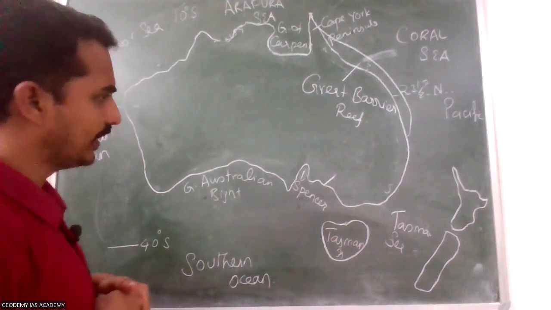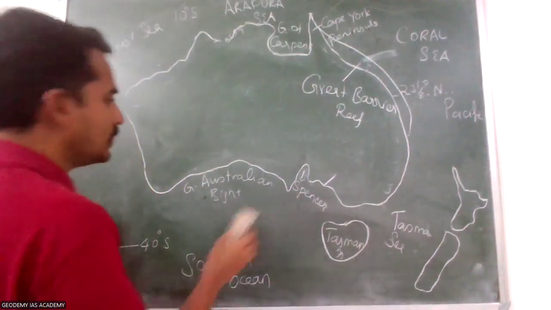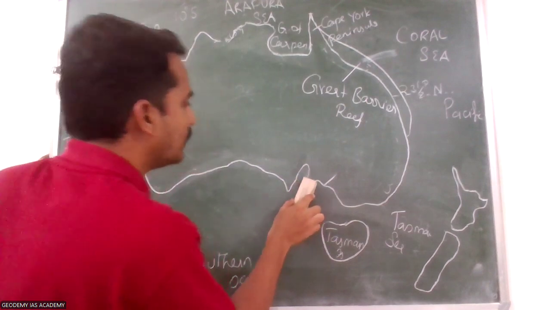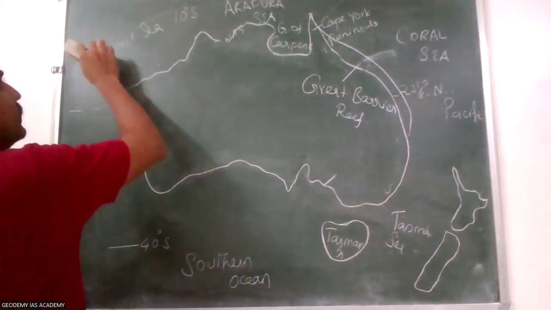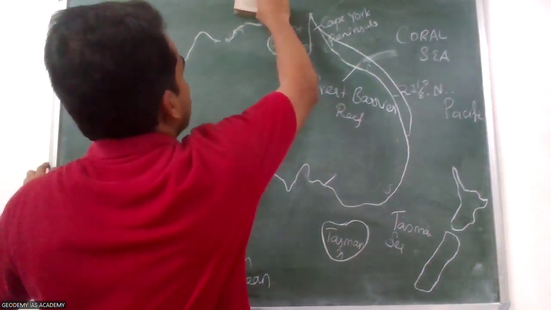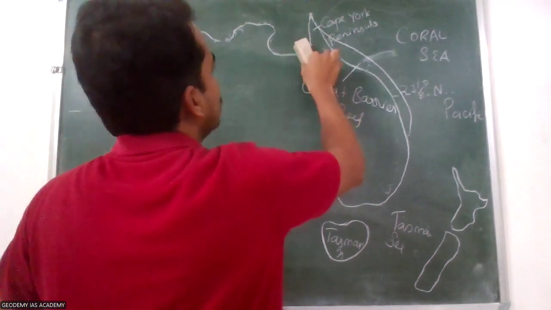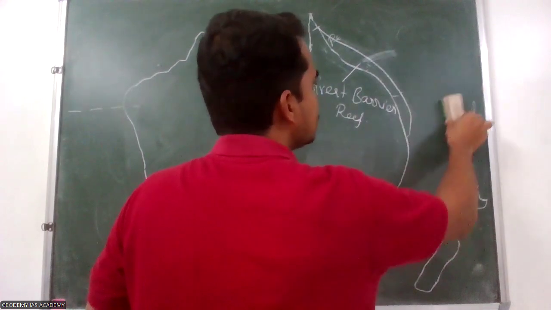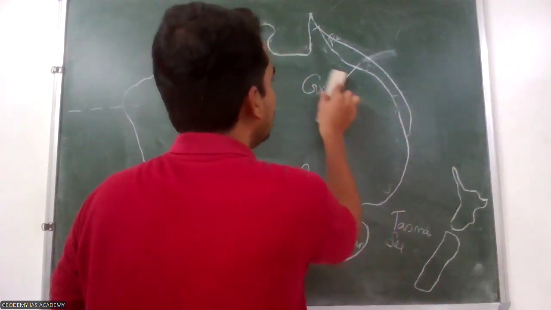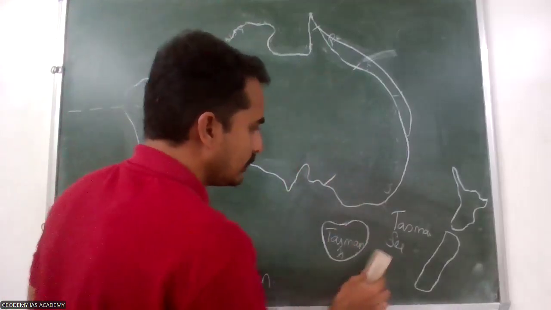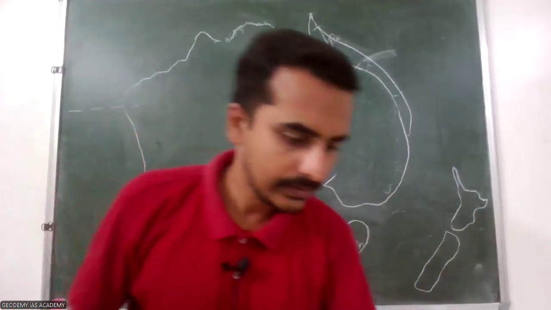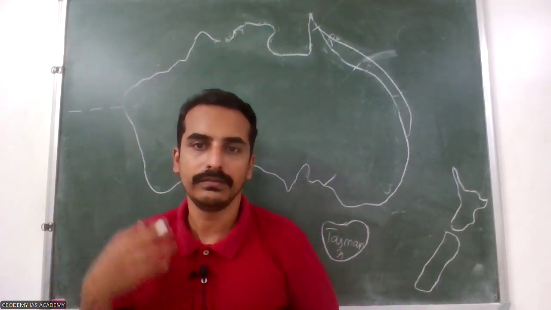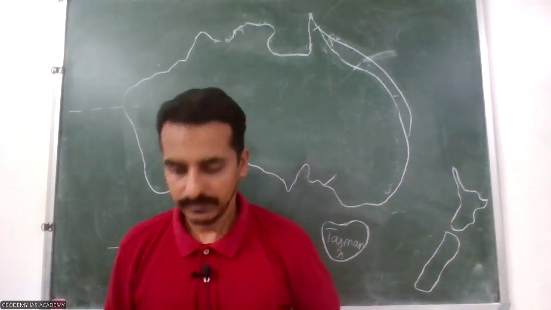And then, you may know the history of Australia. The first Dutch explorer went to Australia in 1606. After that, the British explorer Captain Cook arrived in Australia in 1770, and he recommended it for settlement.